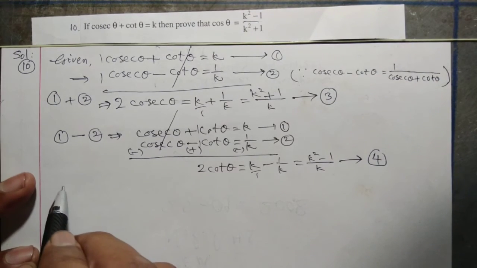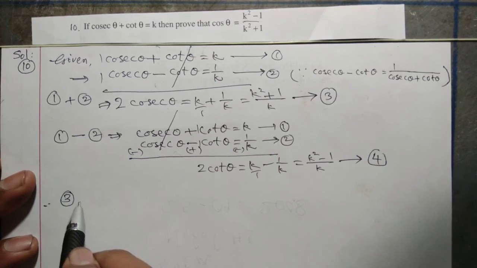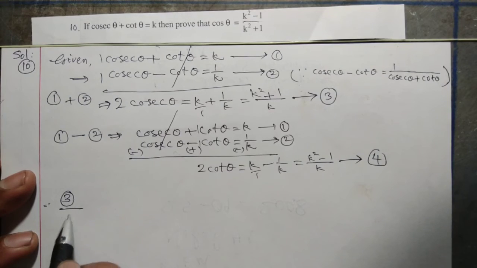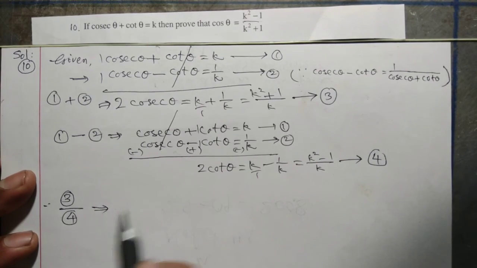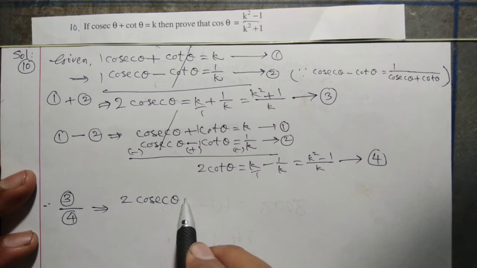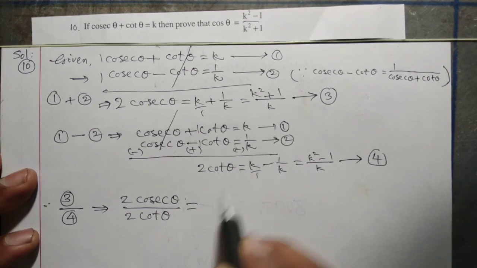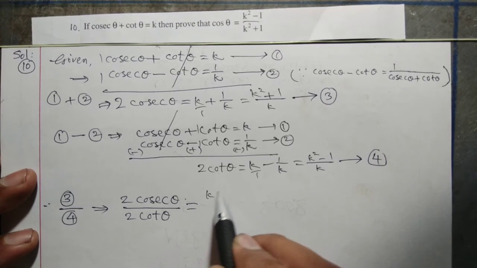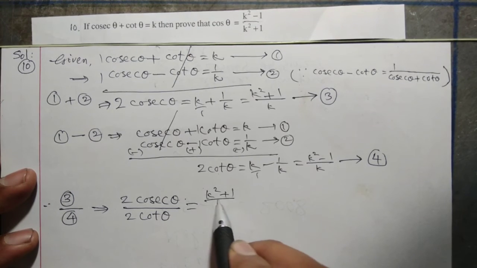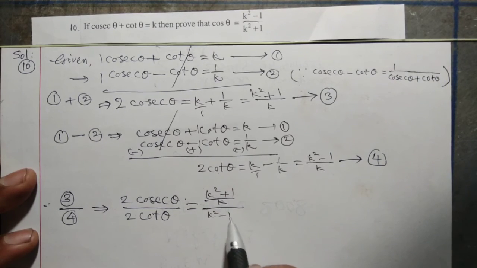Dividing equation 3 and 4, 3 by 4, then on the left side, 2 cosec theta by 2 cot theta. On the right side, k square plus 1 by k, and here on the right side, k square minus 1 by k.